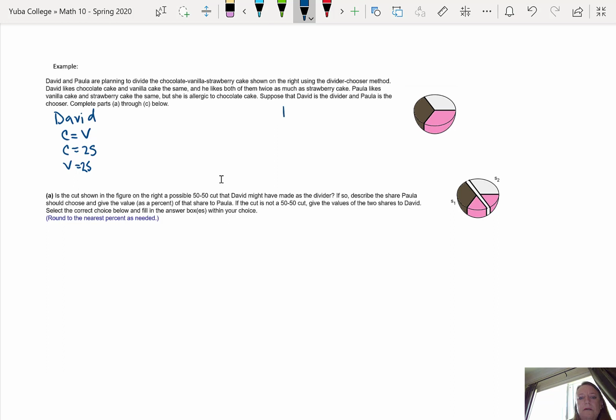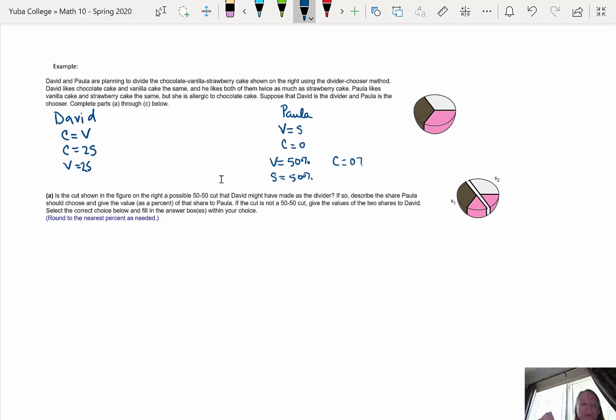If we're looking at Paula, they give us a bit of information, and they say that Paula likes vanilla and strawberry the same, but she's allergic to chocolate. Okay, so here I can tell that vanilla is equal to 50% and strawberry is equal to 50% of the value of the cake for her, where chocolate is equal to 0%.